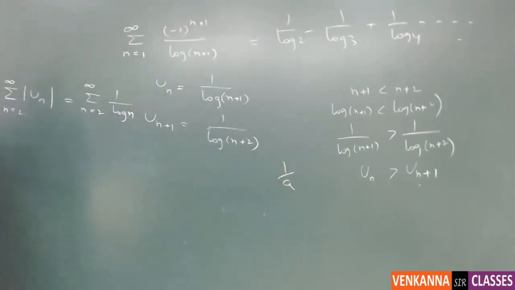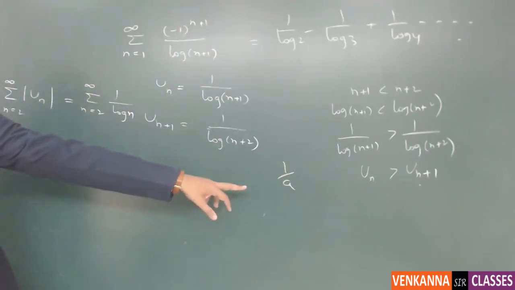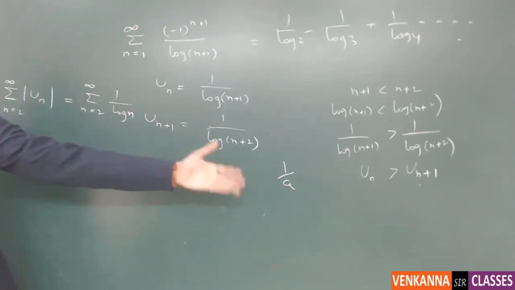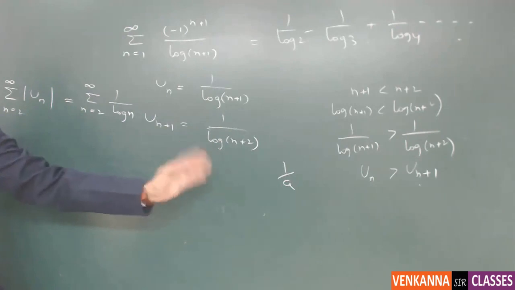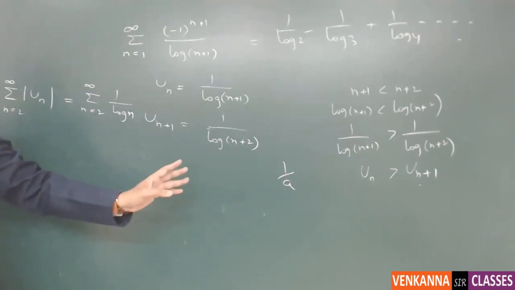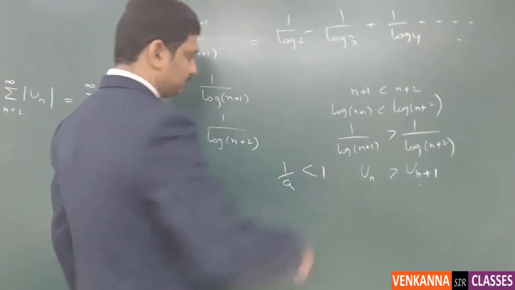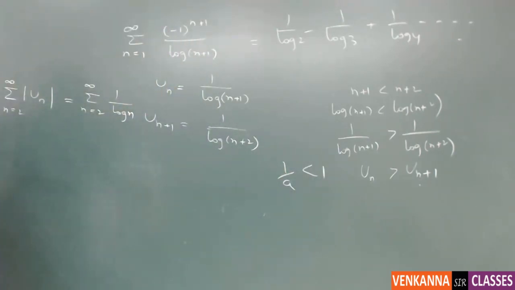1 by a is the limit. Since a is greater than 1, the value is less than 1. Exactly. You can take a is equal to 2, 3, 4, anything you can take. So the value is less than 1. So by Cauchy's condensation test, what we can say? The series is divergent.